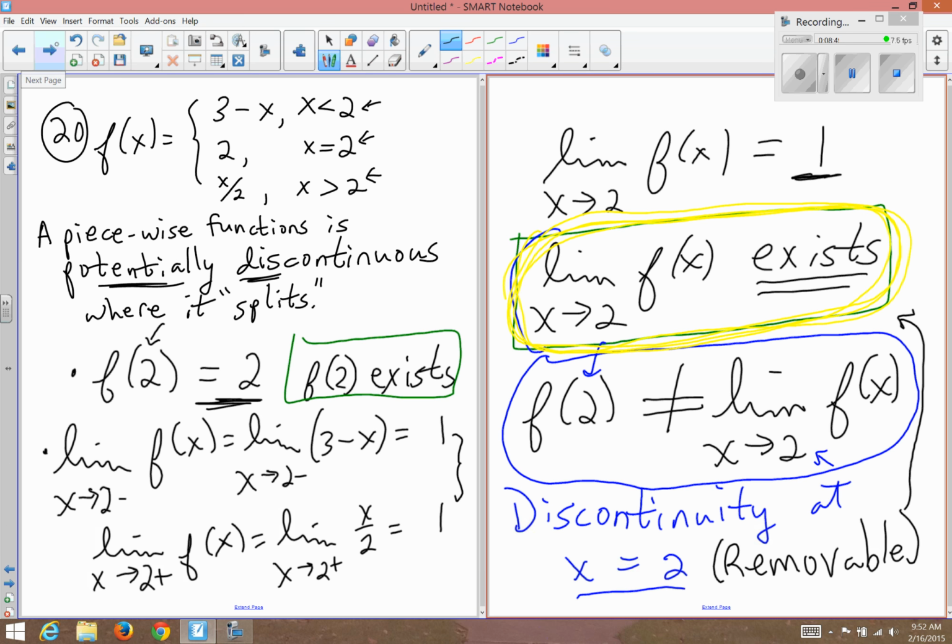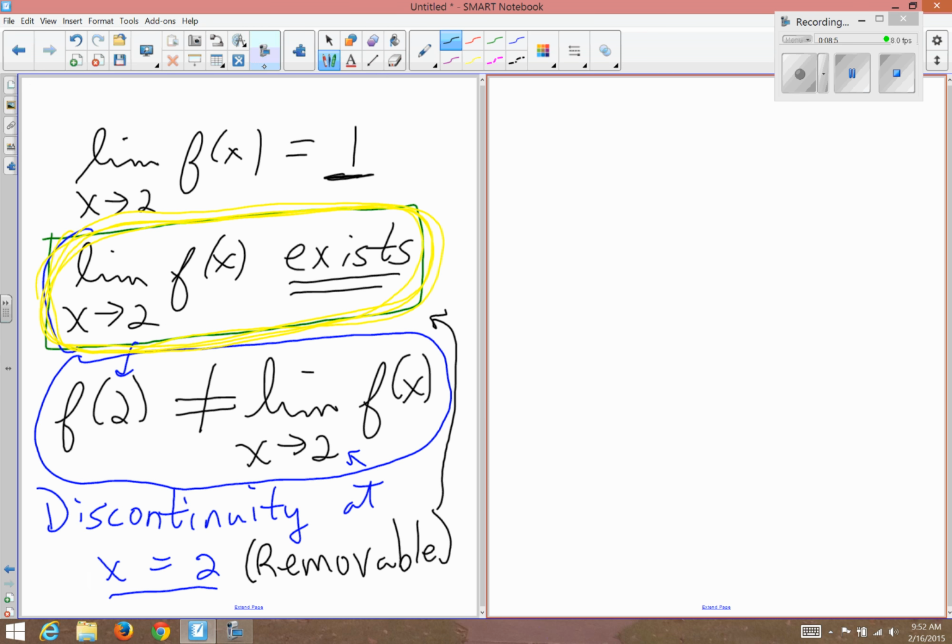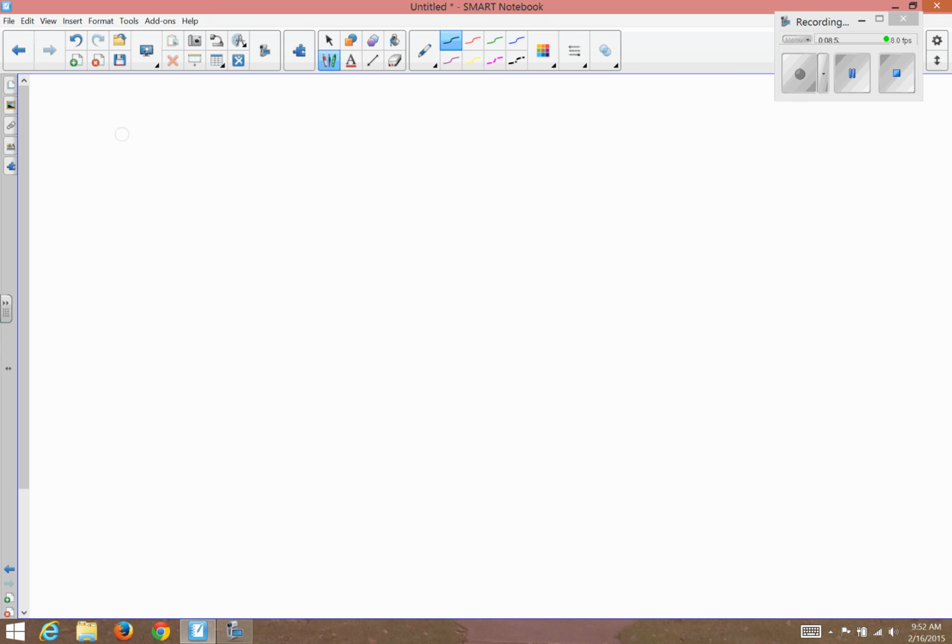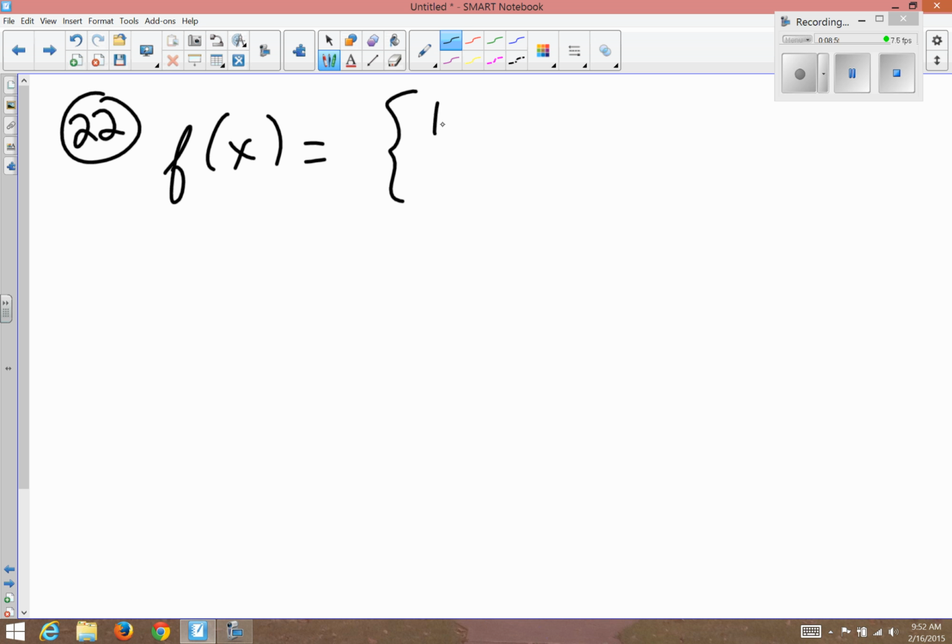Number 22. f of x equals 1 minus x squared if x is not negative 1. f of x equals 2 if x is negative 1.